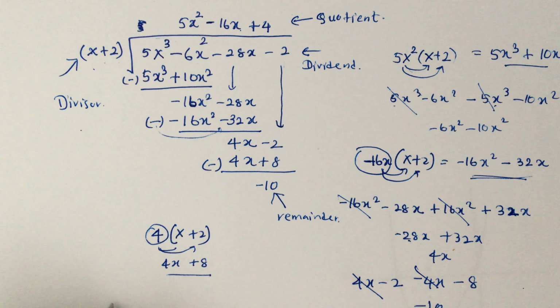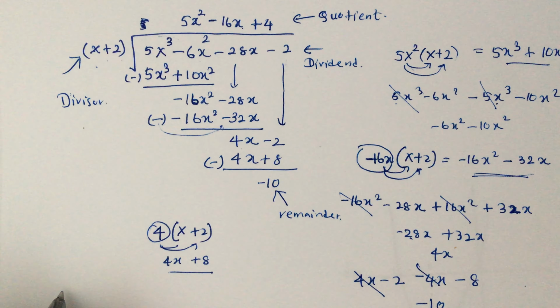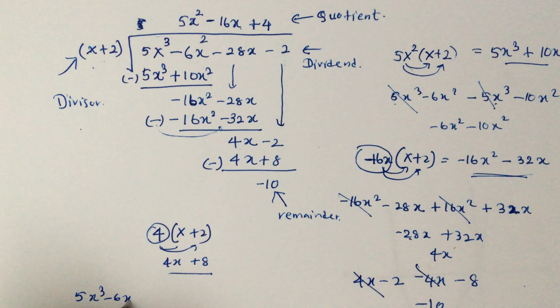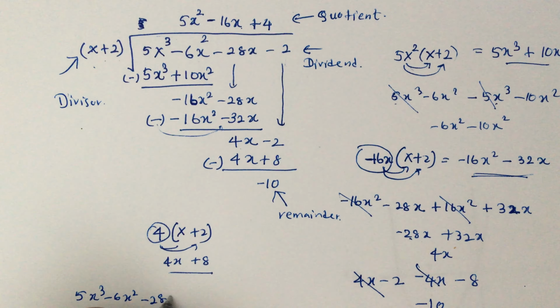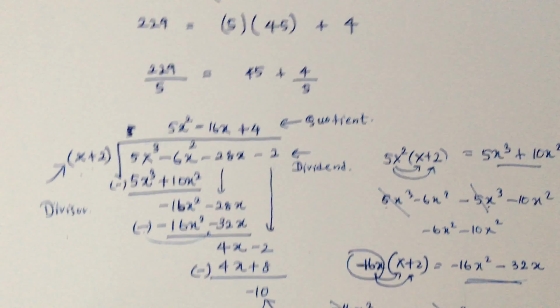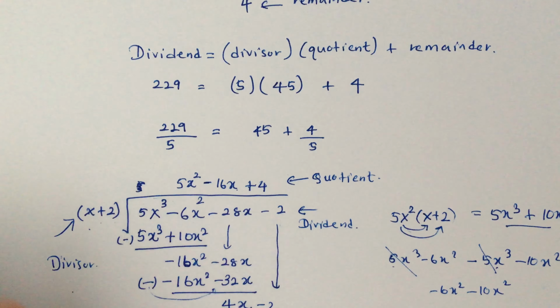In our case, the dividend is 5x cubed minus 6x squared minus 28x minus 2 equals divisor times quotient.